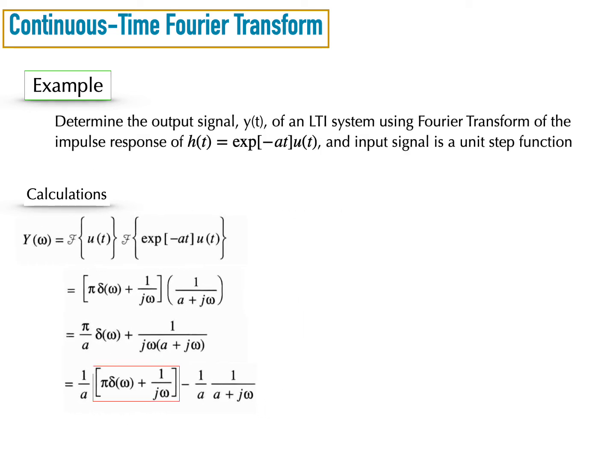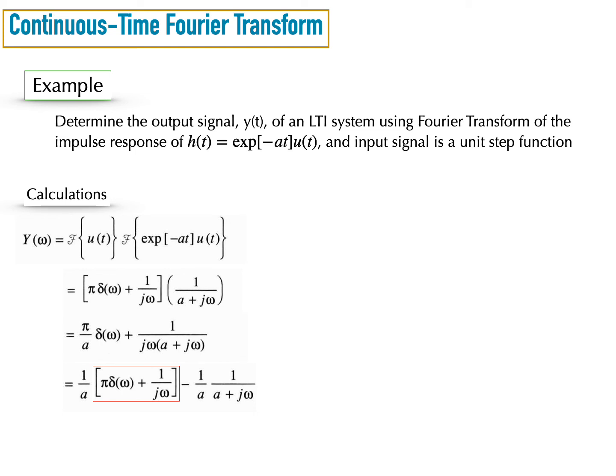Here this term is, as you know, the Fourier transform of what? The unit step function. This was the Fourier transform of the unit step function, right? So when we perform the inverse Fourier transform, we will get the unit step function back.